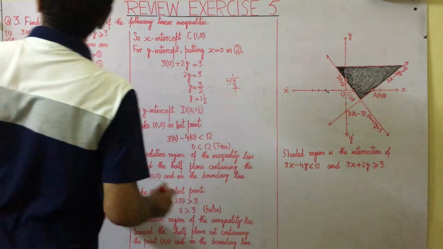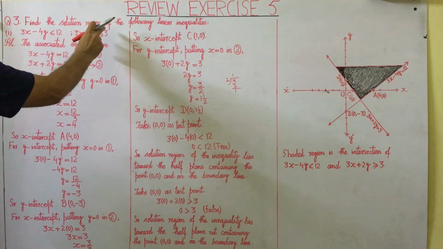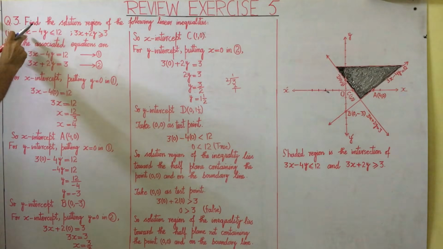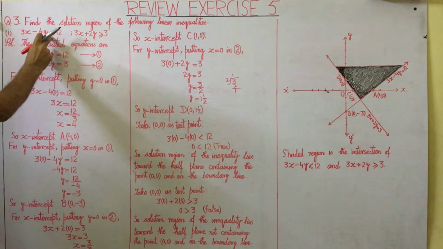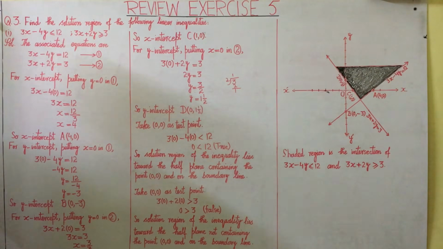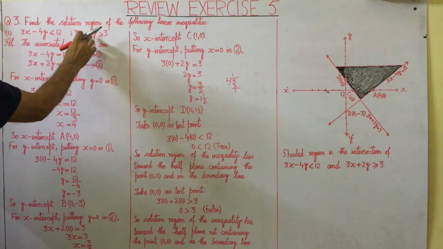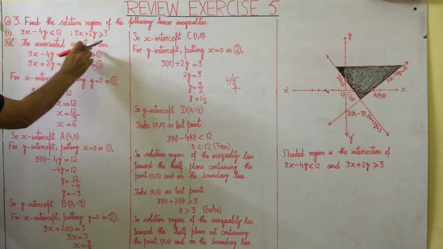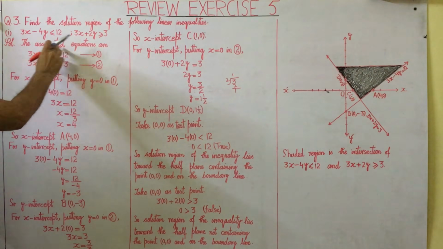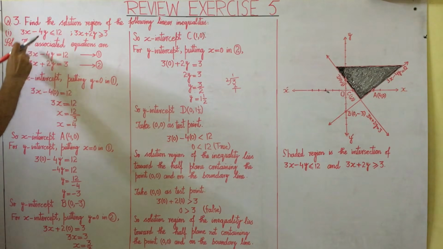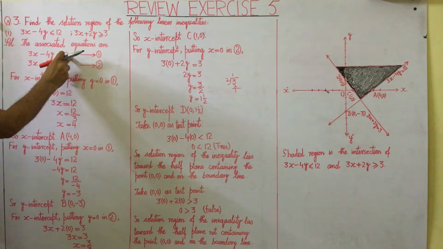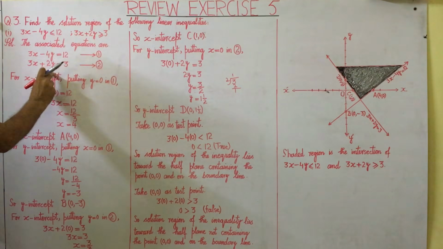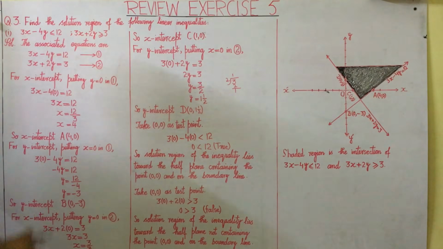Review exercise 5, question 3. Find the solution region of the following linear inequalities. First inequality is 3x - 4y is less than or equal to 12. Second inequality is 3x + 2y is greater than or equal to 3. The associated equations, or corresponding equations, are 3x - 4y = 12, equation 1, and 3x + 2y = 3, equation 2.